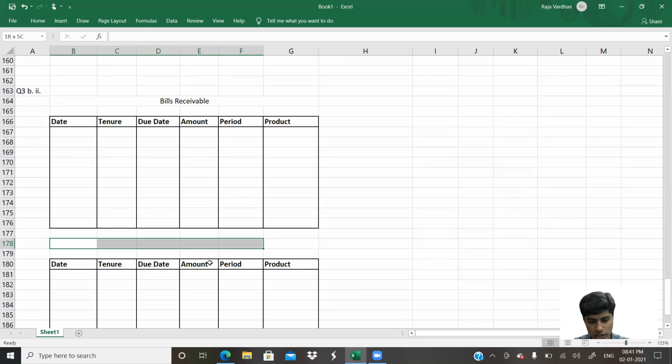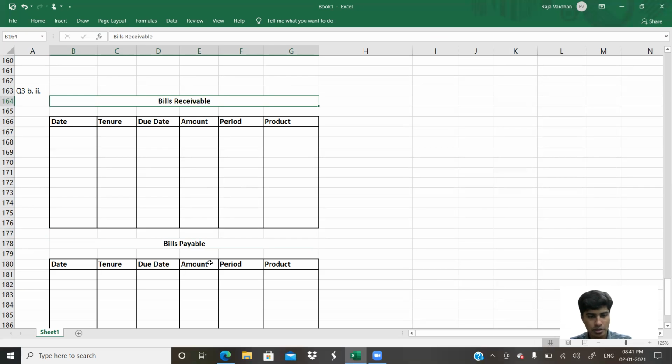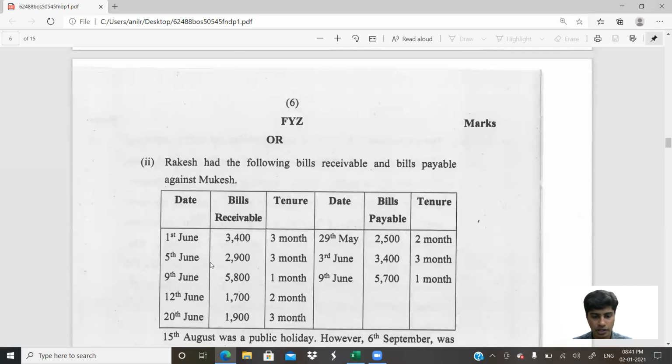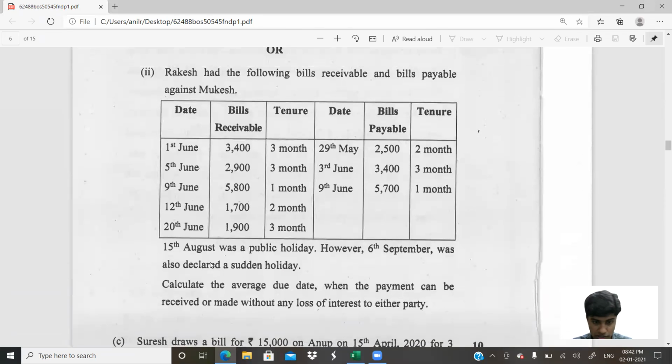This one here goes like bills payable. Perfect. So what are the bills receivables?